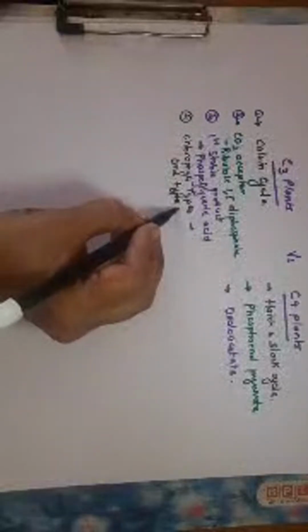In C3 plants, all the cells that participate in photosynthesis have one type of chloroplast, whereas for the C4 plant, the chloroplast of the parenchymatous bundle sheath cell is different from the mesophyll cell. So there will be different chloroplasts in the mesophyll cells and in the bundle sheath cells. This is the fourth difference.